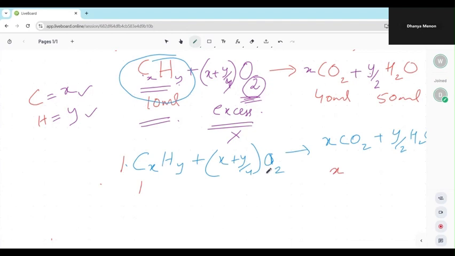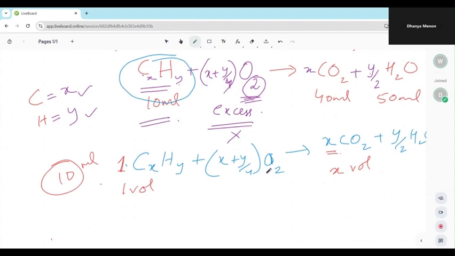Or we talk in terms of volume. What is the balancing number? For CXHY it is 1, and here the balancing number of carbon dioxide is X. So let's use Gay-Lussac's law of volume. So 1 volume of CXHY is giving you X volume of carbon dioxide. Here they have already given you in the question, they are using 10 ml of CXHY.